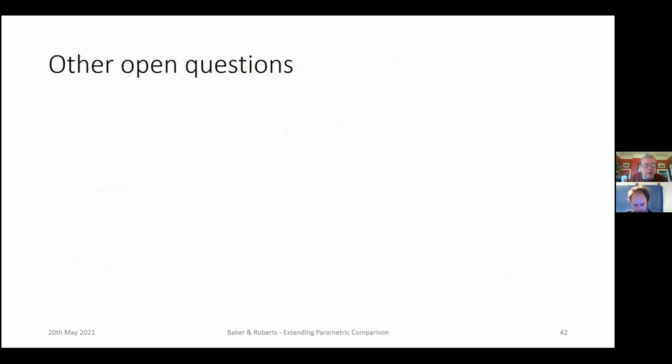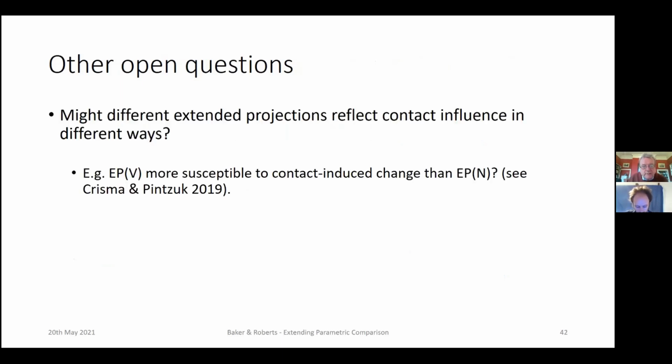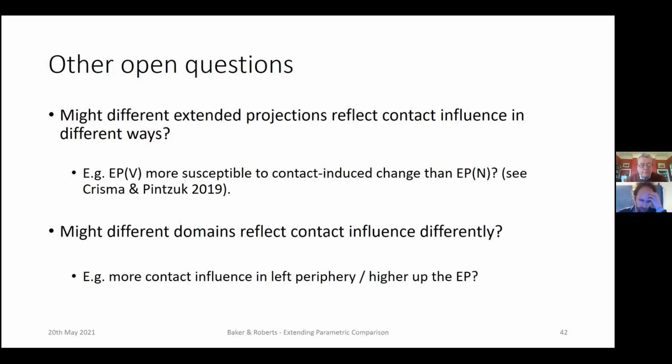Okay, I'll quickly go through some further open questions. One possibility is that different extended projections could reflect contact influence in different ways. It might be that clausal parameters are more susceptible to contact-induced change than nominal ones. And in fact, Crisma and Pintzuk have written on this in connection with showing how English nominal parameters have been much less influenced by North Germanic than English clausal parameters.